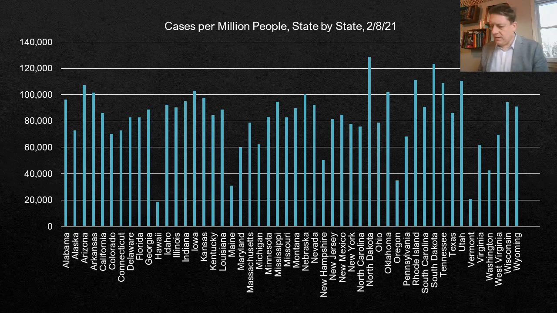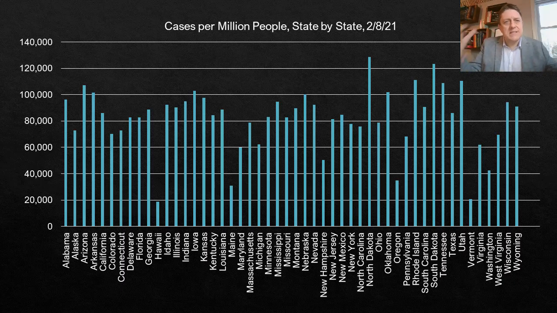On the other hand, we can look at some states like Hawaii, which has the lowest rate in the nation, and Maine, New Hampshire, Oregon, Vermont, and Washington State that have really pretty low cases, at least a case rate per million people.